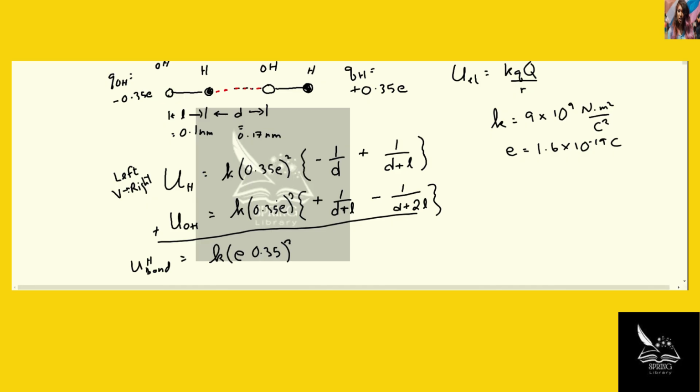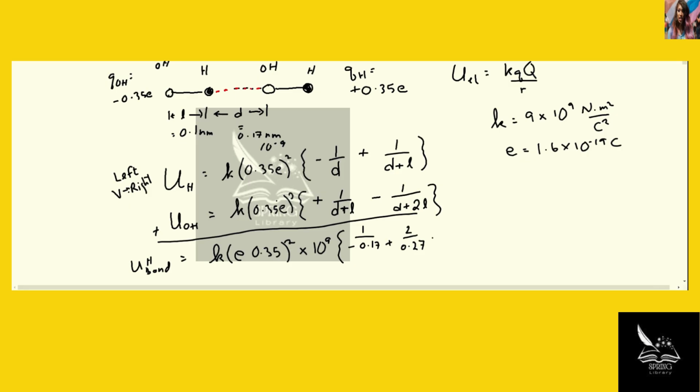And I'll put the nano, which means 10 to the minus 9, in the upper exponent, get it out of the denominator. As you can see, all those distances are in the denominator.